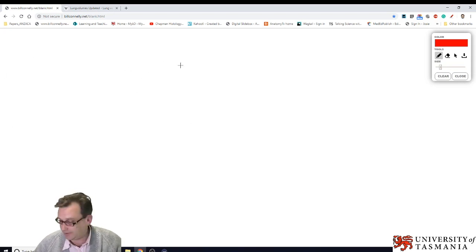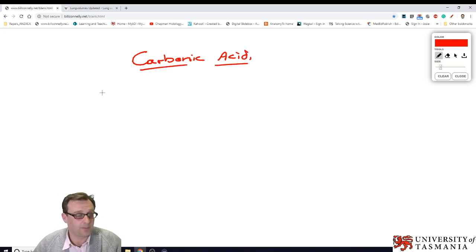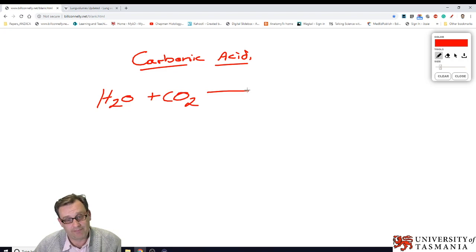So it actually relates very much to this carbonic anhydrase cycle, the carbonic acid cycle. This is basically what's happening. If we have H2O and CO2, carbon dioxide, with this bidirectional arrow, we first produce a compound called carbonic acid, H2CO3.